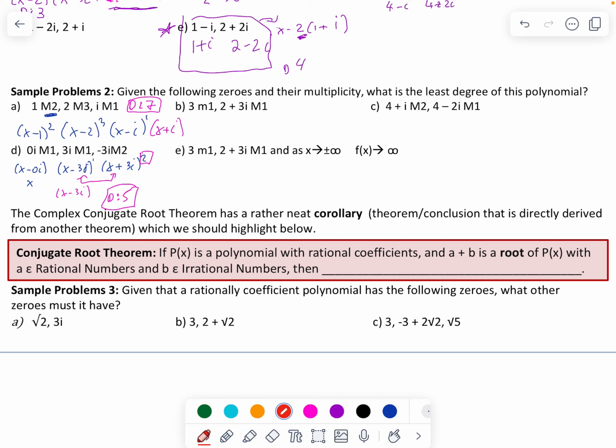If p(x) is a polynomial, we'll notice that here I'm saying rational coefficients, which means you don't expect irrational coefficients like roots, and you have a plus b as a root, with a being some rational number, but b being an irrational number. Remember that the i's get canceled out with conjugates, but so do square roots. So this implies that you must also have the conjugate to cancel it out.